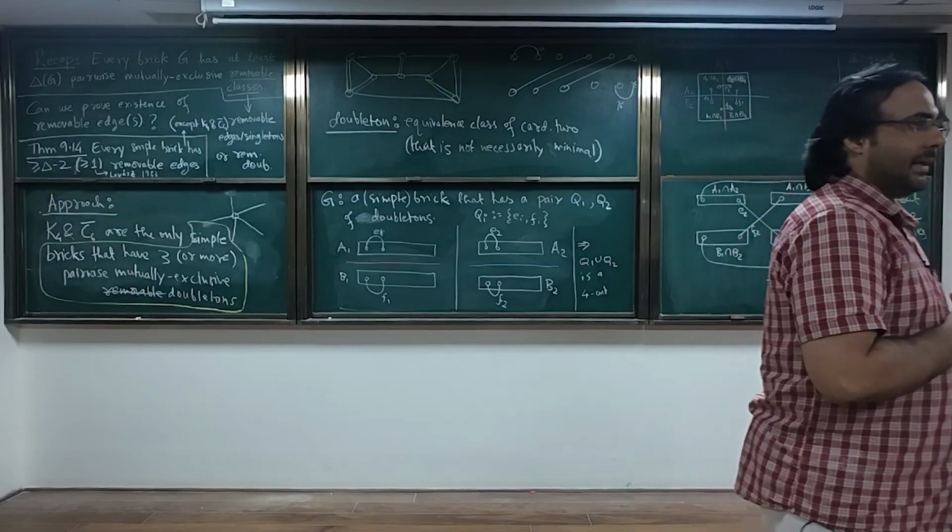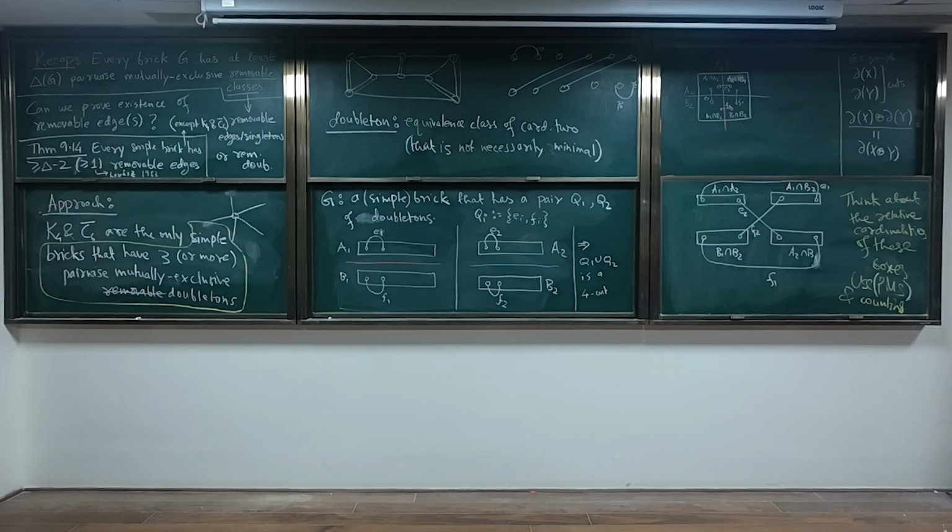There has to be a perfect matching that contains one of them but not the other. If every perfect matching contains both of them, then they should be the same equivalence class, no? Right? So because they are distinct equivalence classes, there is a perfect matching that contains one of them but not the other. That actually makes life much easier.